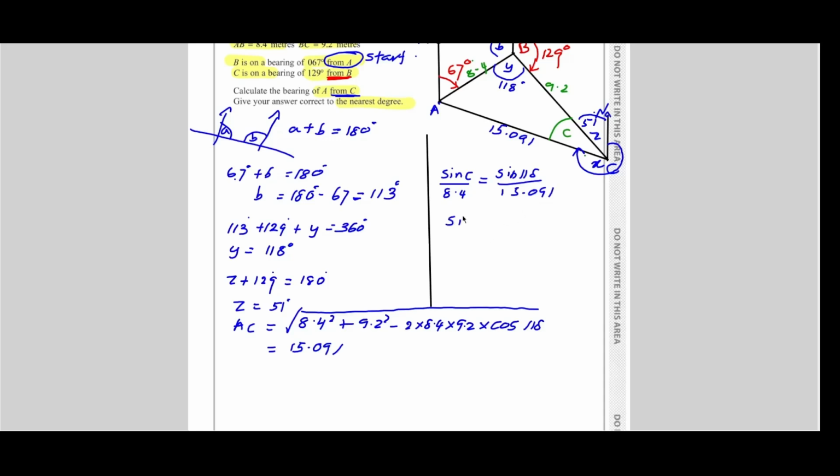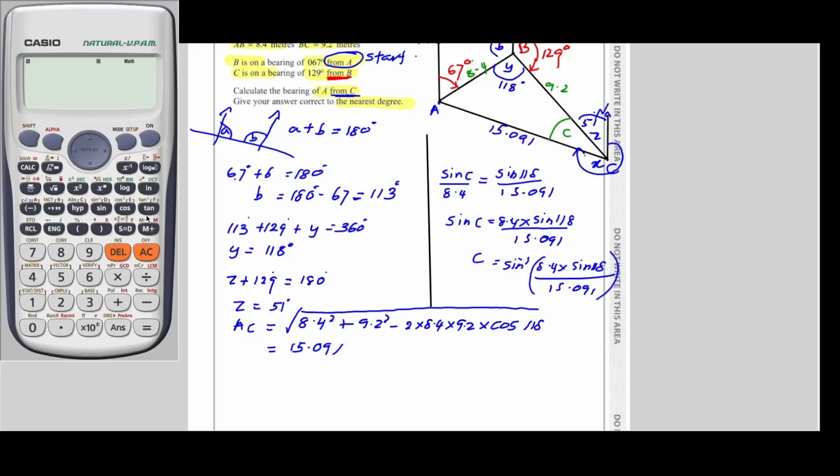Then sine C equals, let's cross multiply, take this one here, which is 8.4 into sine 118 over 15.091. Then we need to get C. Therefore, I am applying sine inverse to this whole thing: 8.4 into sine 118 over 15.091.